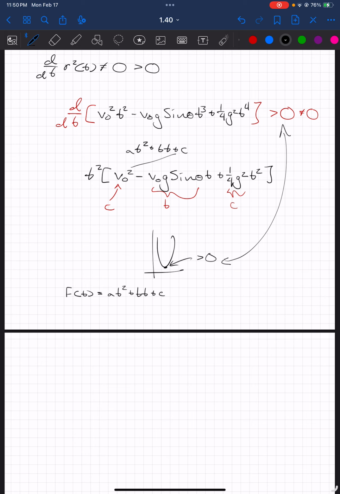This is just basic algebra, but it's found by first taking the derivative of the function, then finding a critical point, and then taking the second derivative to verify it's a minimum. We can find that t min from this function is equal to negative b over 2a.